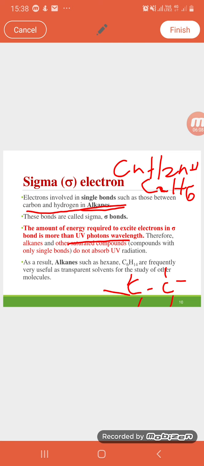The absorption cannot occur because the amount of energy required to make the electron excited is higher than the UV visible wavelength. Therefore, a molecule that has sigma electron such as alkane can be used as a transparent solvent. It can be a solvent for another molecule.